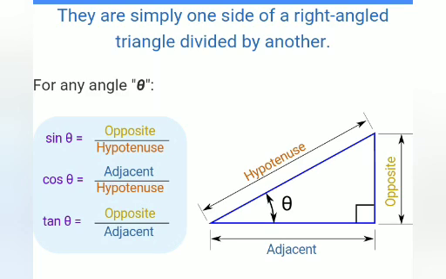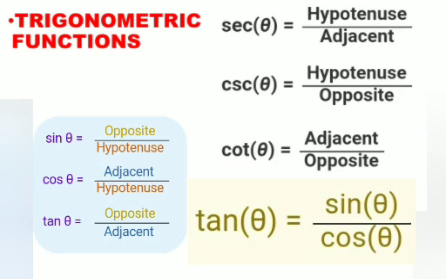Tan theta is equal to opposite side by adjacent side. Similarly, we can write their reciprocals as reciprocal of cos theta is equal to sec theta, reciprocal of sin theta is equal to cosec theta, and reciprocal of tan theta is equal to cot theta. We can write tan theta as sin theta divided by cos theta.